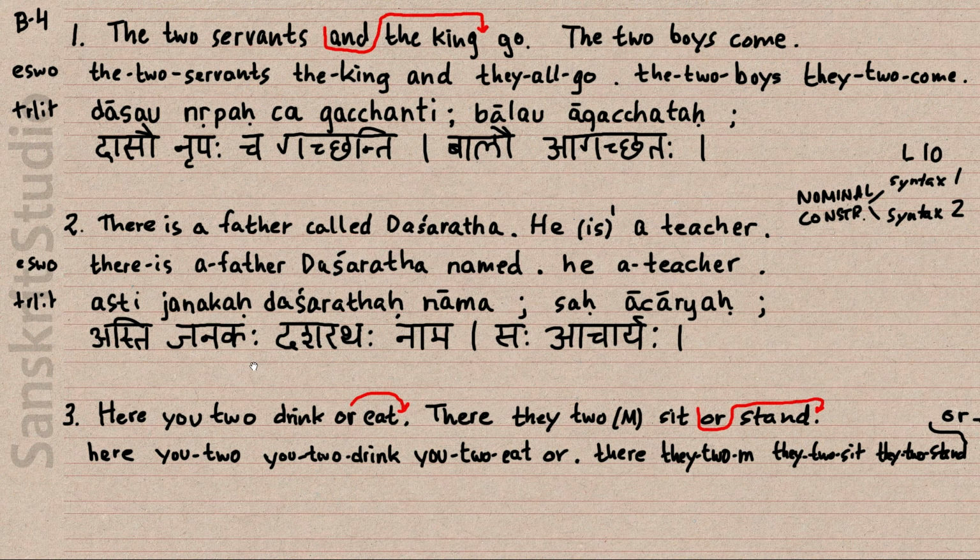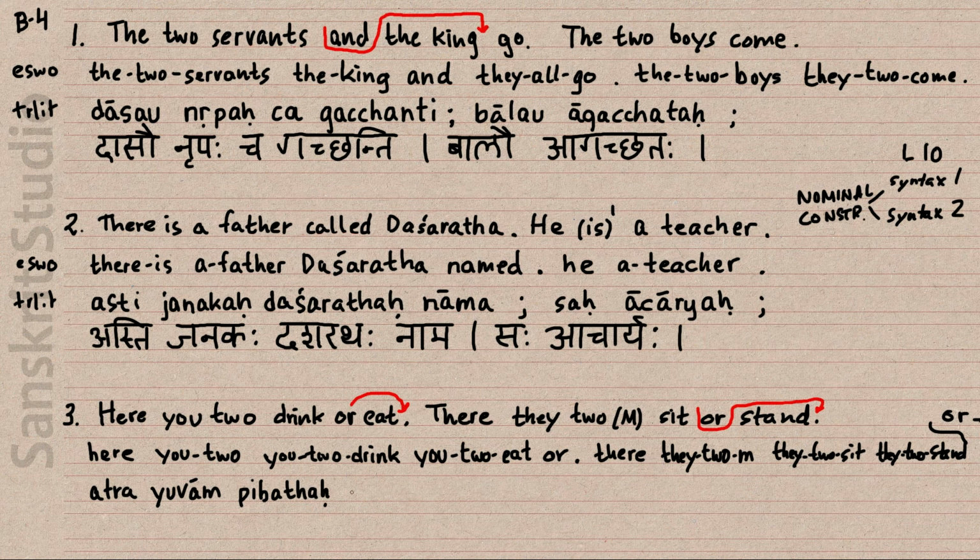So in transliteration we get here atra, you two, we have yuvam, and the verb here is drink, so we need to use pibati, but we have pibatha here in second person, pibatha.